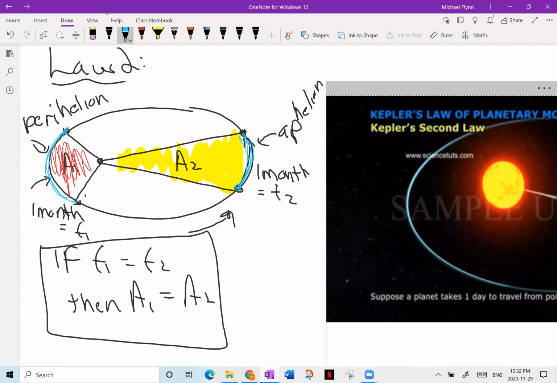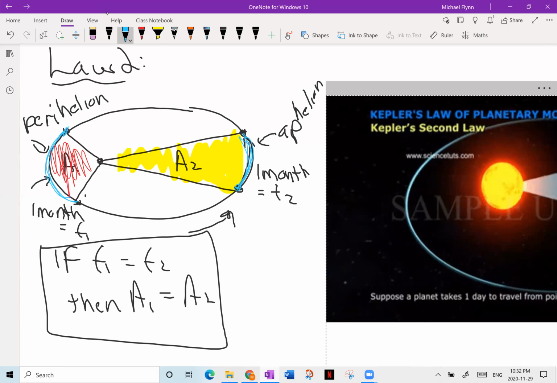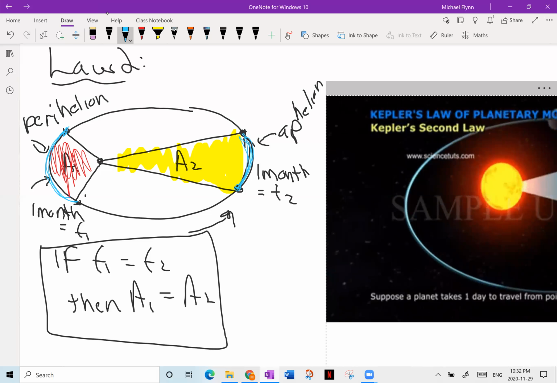So in order for that to happen when it's at its perihelion, it has to be moving faster, okay? So that's the deal.